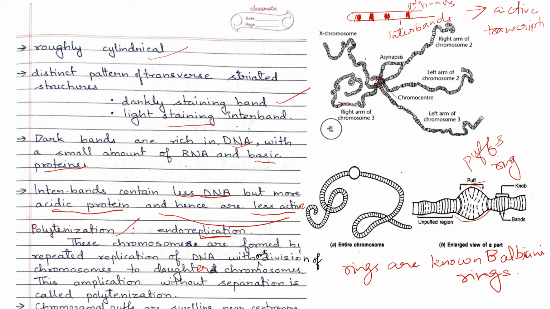These ring areas or puff areas are transcriptionally very active. This is the transcriptionally active region of the Polyteen chromosomes.